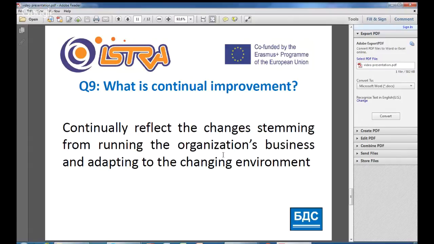The goal of continual improvement should be made clear in the organization's risk management policy, and it should be continually communicated in both formal and informal ways.